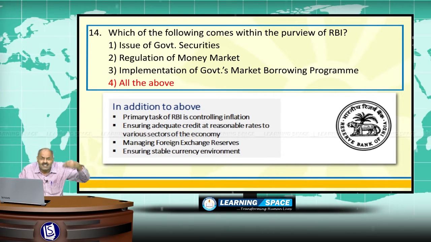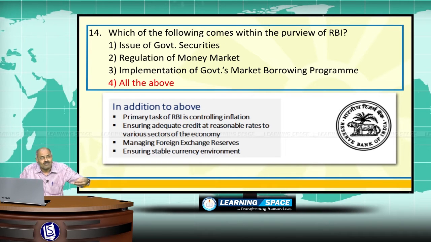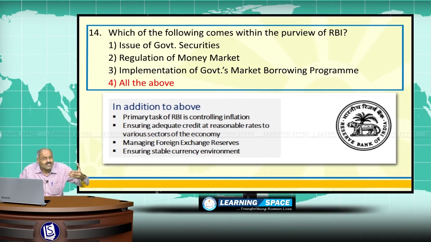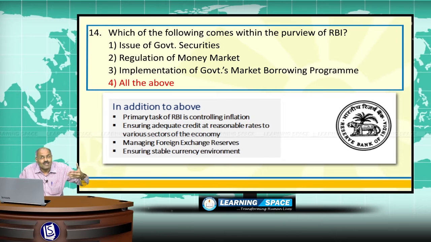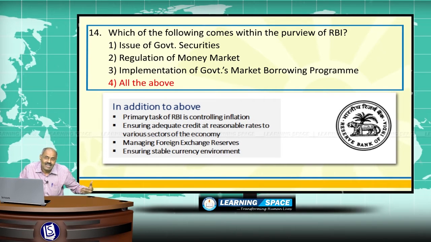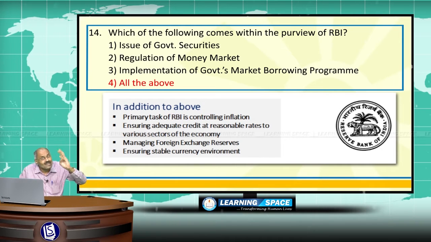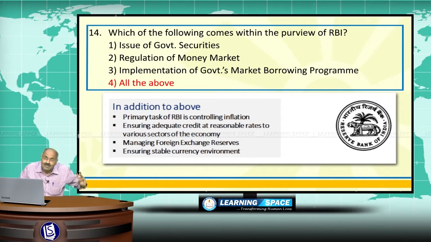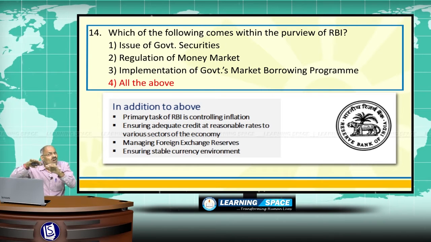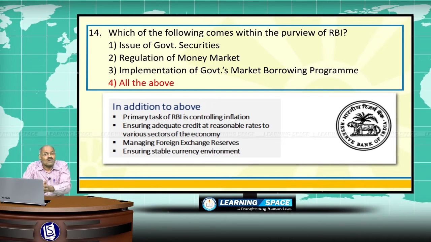So, 1 and 3 almost one and the same, right? So, all the 3 given options, they are within the purview of Reserve Bank of India. So, if someone says market borrowing program, if someone says government securities, if someone says money market instruments, that all comes within the purview of Reserve Bank of India.